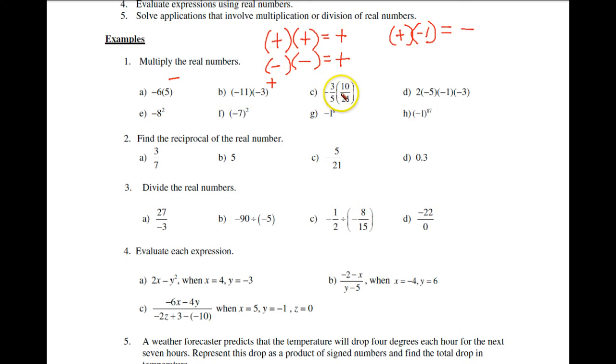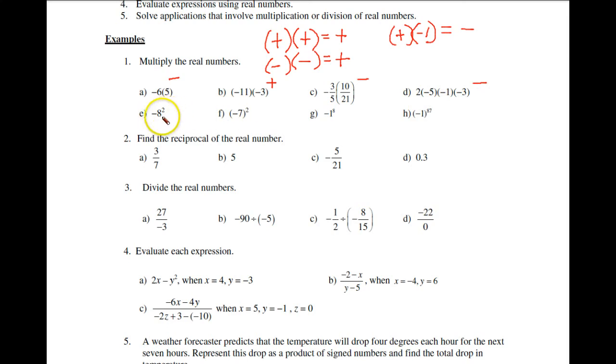A negative and a positive, so this will be negative. Now, if you have a string of factors like this, how many negative signs do you have? Well, 1, 2, 3. 3 is an odd number. So, when you have an odd number of negative signs, the answer is going to be negative.